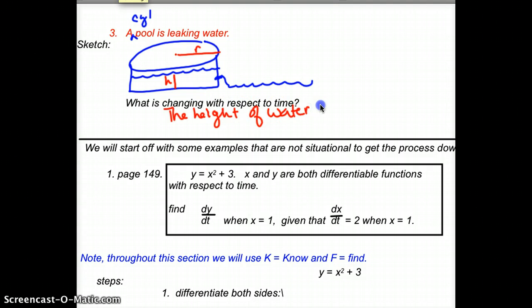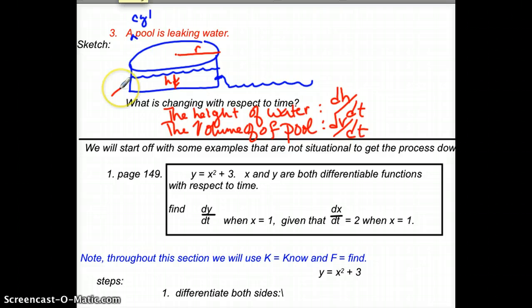And I'd call that dh dt, the change in height over time. Because that's going down, we're going to have a negative for that when we start doing these problems. We'd also say the volume of the pool is changing over time, and we'd call that dv dt.